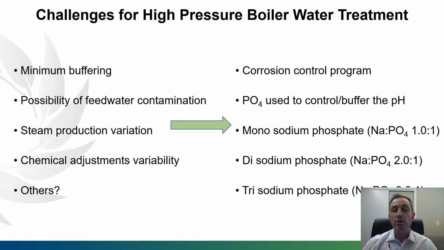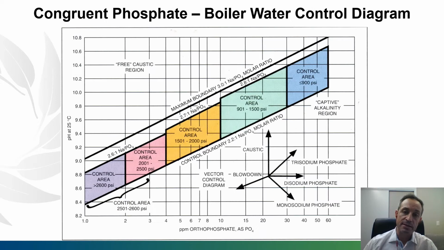And the most common products that are utilized are usually two forms of phosphate. Usually most plants apply disodium phosphate and trisodium phosphate, but there are some cases that you can use monosodium phosphate as well, or even a blend, a ready pre-blend product, but it's not so good as if you have two products, as we're going to see in the next few minutes.